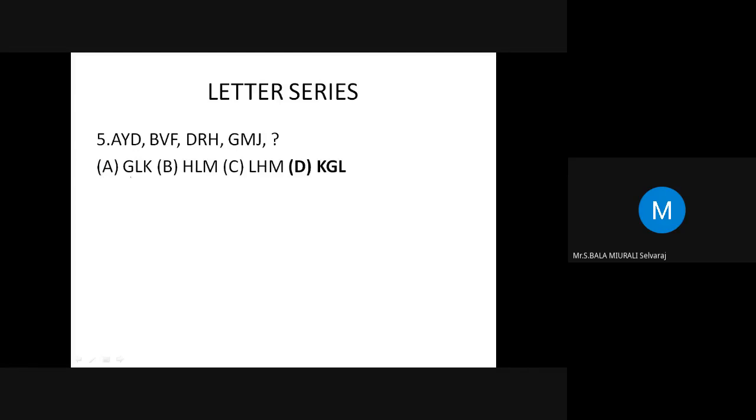Okay. So before operating letter series, look at every letter separately. So KGL. First letter in option A, first letter in option B, first letter in option C, first letter in option D. So here it is G, H, L, K respectively, right?